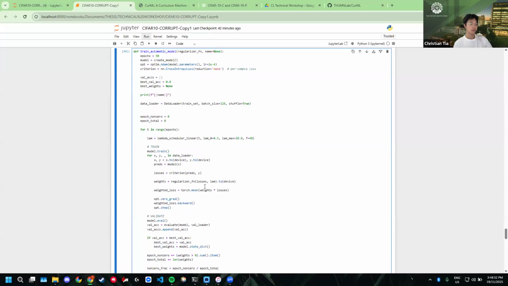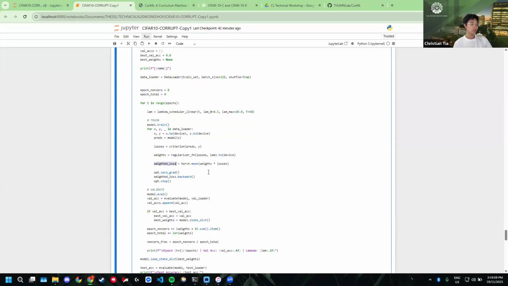If it is the hard regularizer, then it's either just 1 or 0. And we get those weights, and then we calculate a weighted loss. So now the loss that the trainer would use to perform back propagation is not the full loss, but instead weighted.